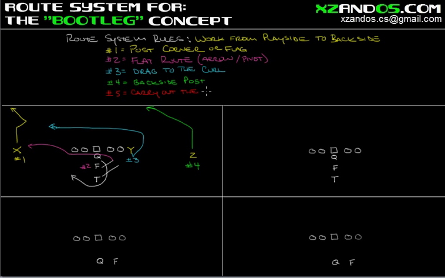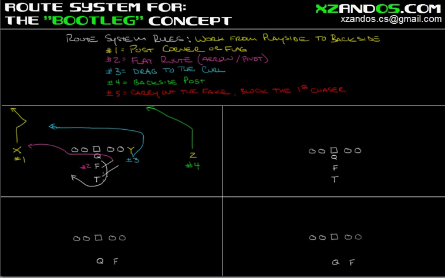And also, he wants to block the first chaser. Meaning, if there's a blitz guy, if it's a defensive end coming hard off the edge, he wants to block the first chaser.